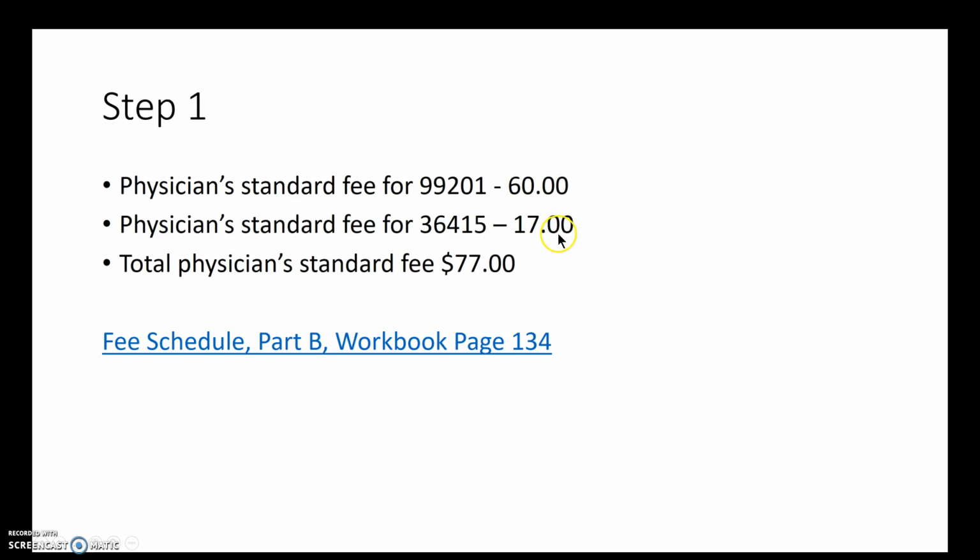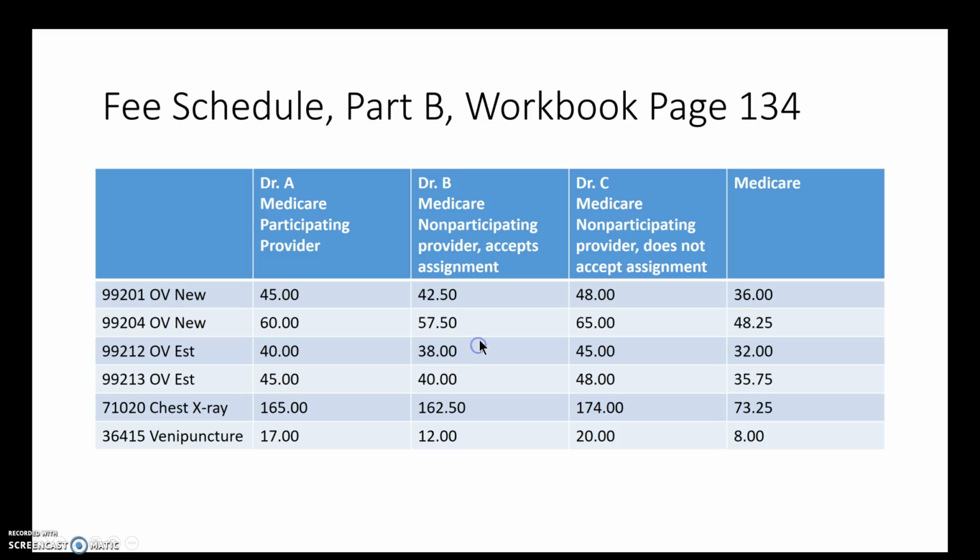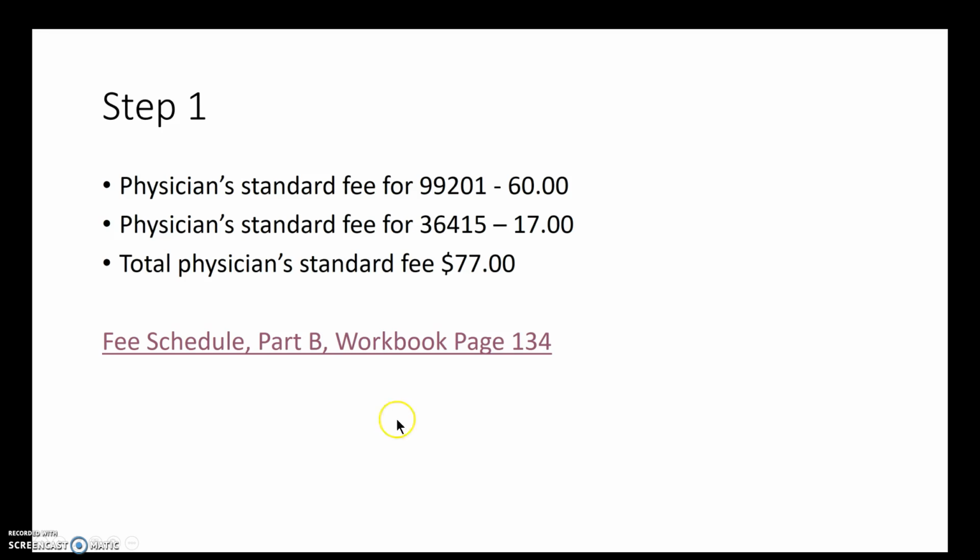So the total for this visit for a non-Medicare patient would be $77. And when you look back at the fee schedule, you will see how we arrived at that amount. So this is Dr. A, $60 for 99,204 and $17 for 36,415 for a total of $77.